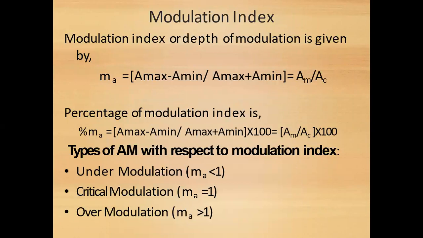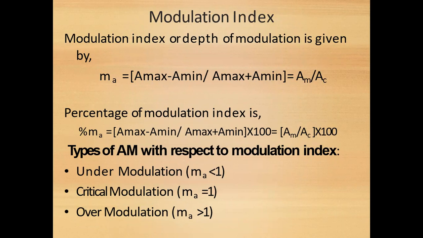Coming to the other term, the modulation index. The modulation index is a measurement that tells how much modulation has occurred. It is also named the depth of modulation or degree of modulation.